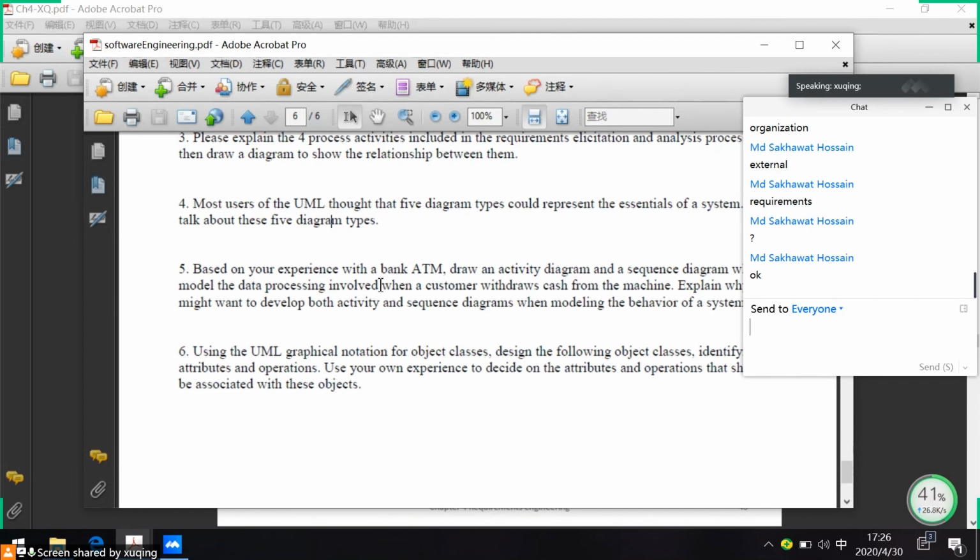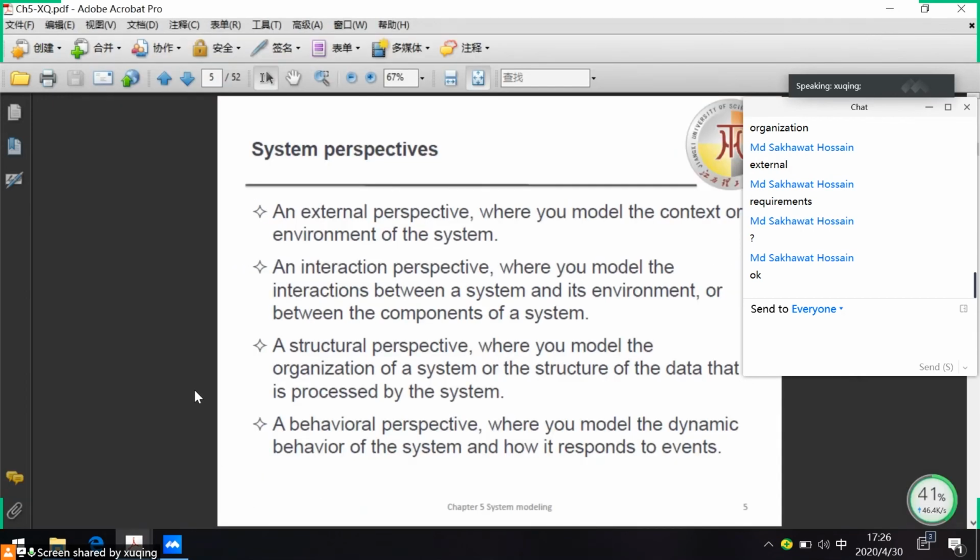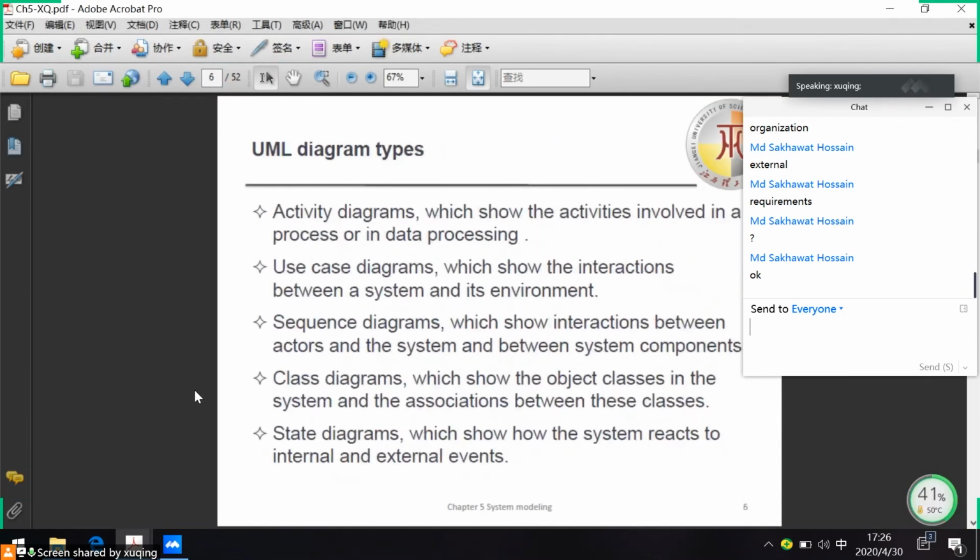And in our slides, it should be in the 5th chapter. It should be somewhere, yeah, here. Page 6 of the 5th chapter, page 6.